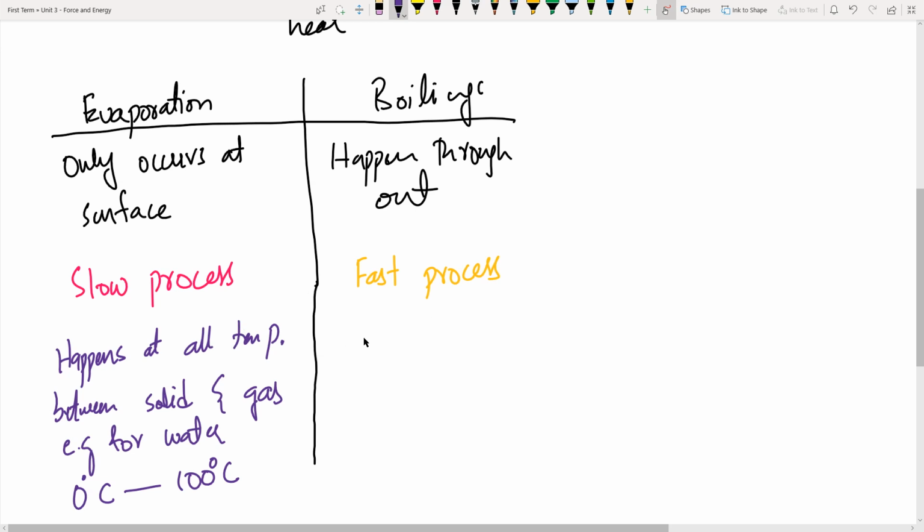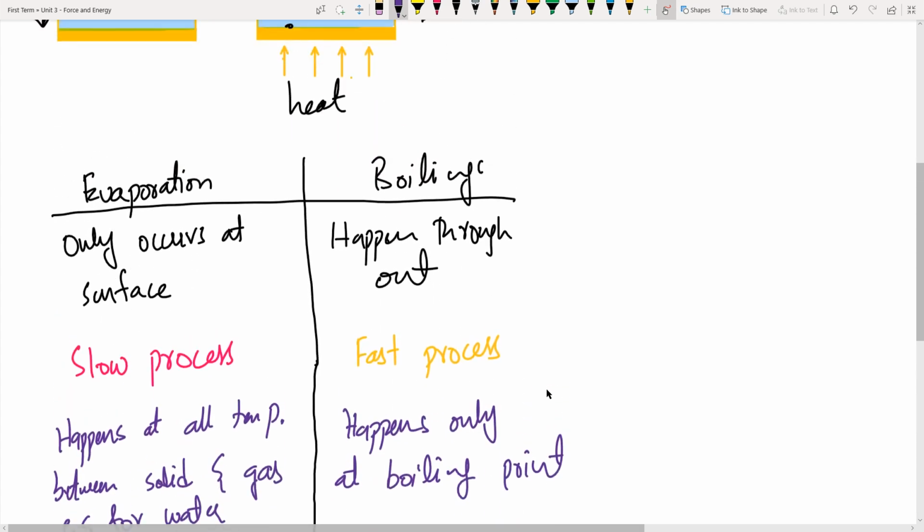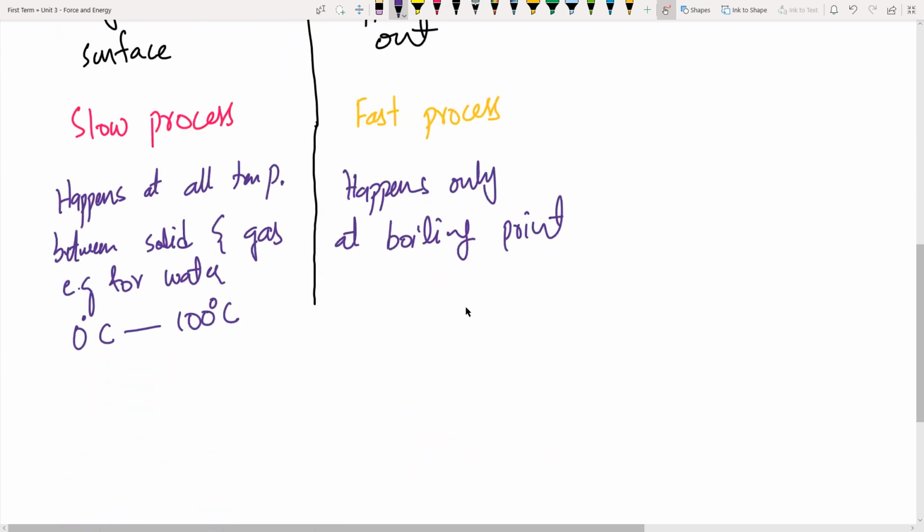While boiling happens only at boiling point. That means the temperature is fixed for boiling, right? That means if you start boiling a liquid, it is not going to increase the temperature, which we discussed in the temperature curve in the previous topic, right? So that's why we don't see an increase in temperature.